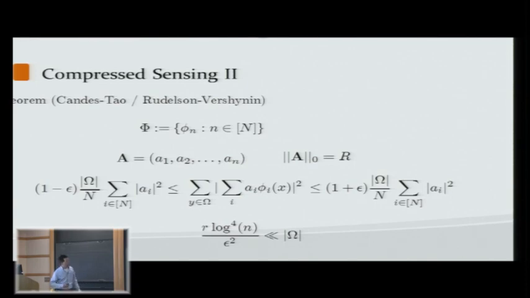If you think about this for a little while, you'll see that I need at least an r log n here, and that the 1 over epsilon squared is also sharp.